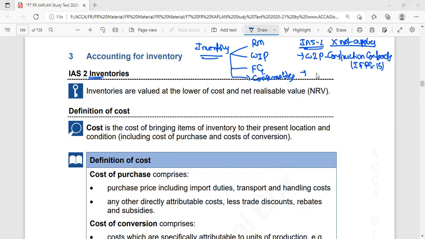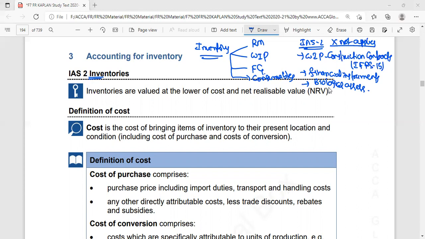It does not apply to financial instruments which are held for resale purpose, and it does not apply to biological assets.